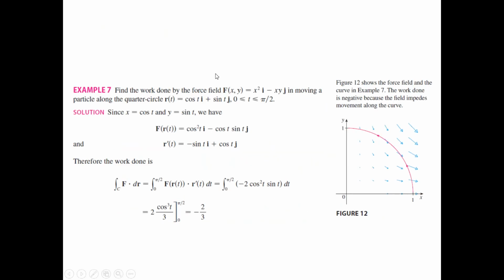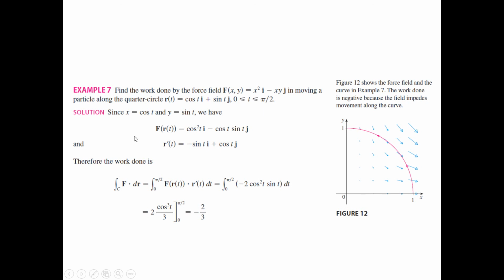Here is an example of finding the work done. Find the work done by the force field F(x,y) equal to x squared i minus xy j in moving a particle along the quarter circle r(t) equal to cos t i plus sin t j, where t lies between 0 and pi by 2.